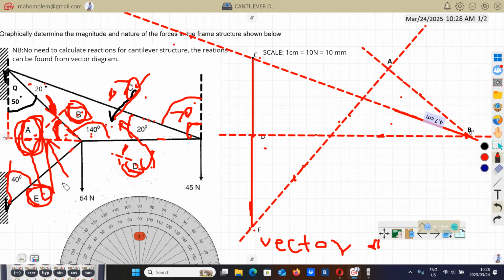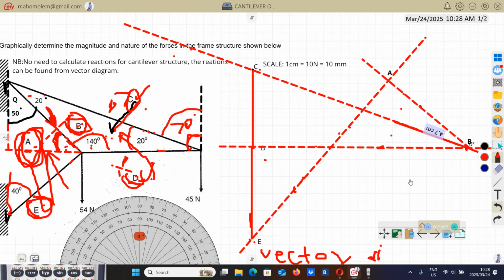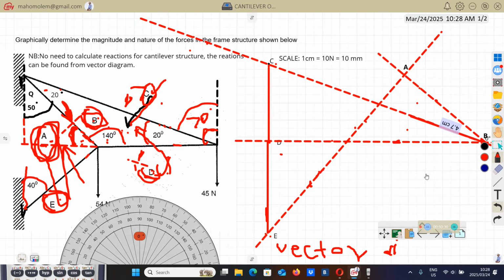We have all the letters. From A to C, we have it here. So from this, we just have to join the members in this way. This member from here to there, we're going to call it BC.